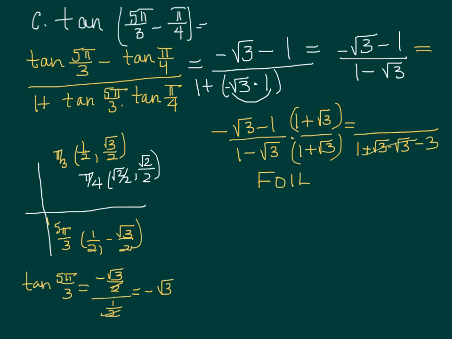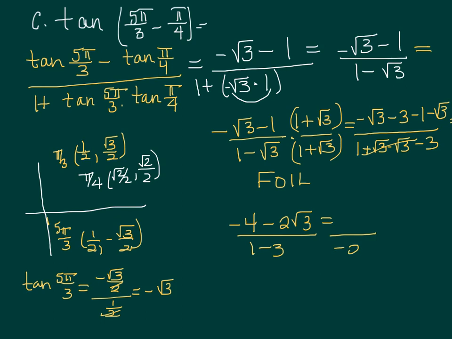That's gone. And in the top, I have to FOIL that. So you get negative square root of 3 minus 3 minus 1 minus square root of 3. Simplifying it, in the denominator, we just get 1 minus 3. In the numerator, we get negative 4 minus 2 square root of 3.